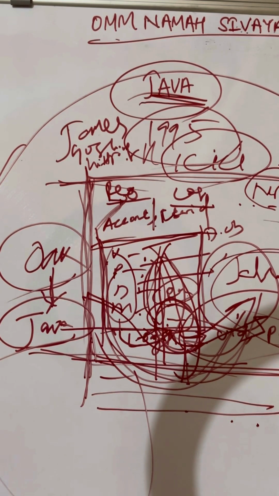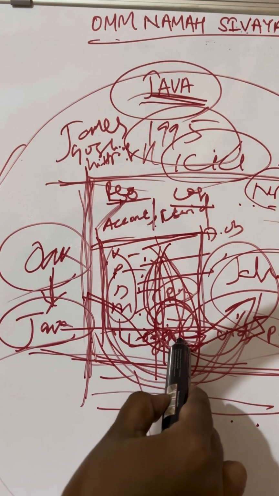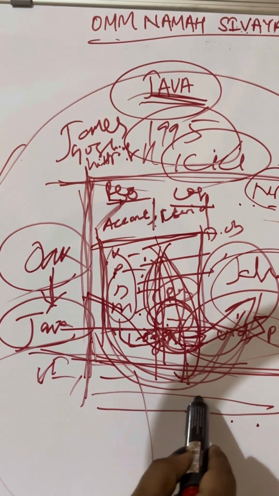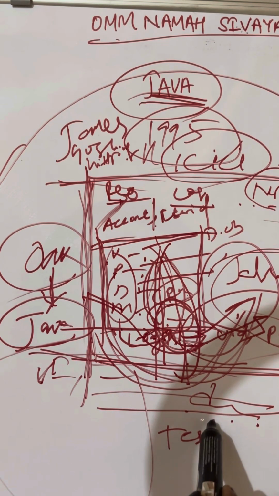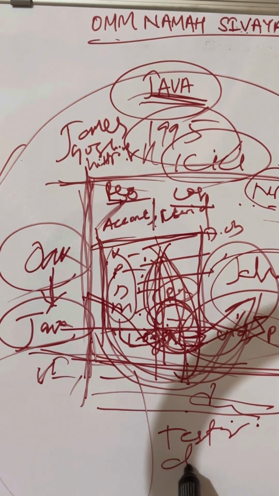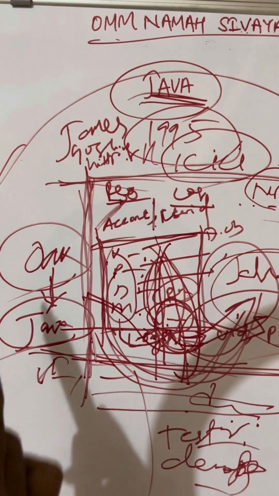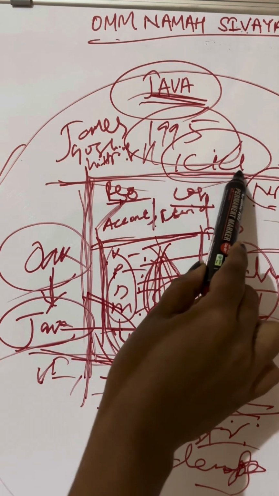I explained the role of a Java developer, a UI developer, and a database developer. Let us come to the tester and the DevOps engineer. A tester is involved whenever we are creating an application, let us say ICICI.com.